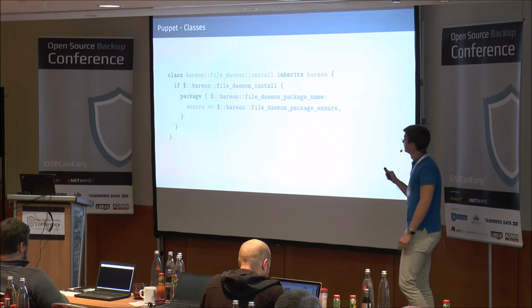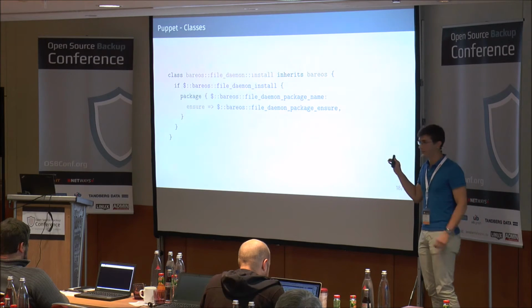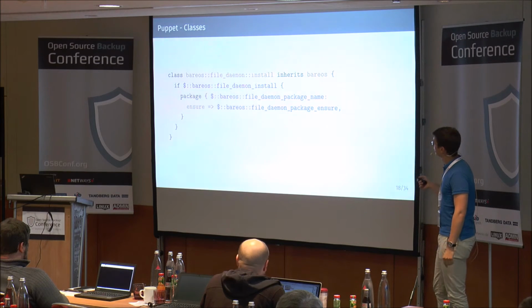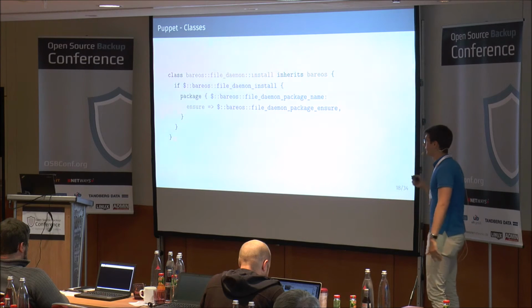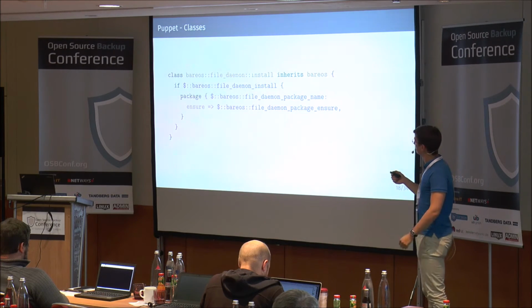So, short about the Puppet language. This is how a class can look like. This class is for installing the Bareos file daemon. So this is obviously called the Bareos file daemon install class.